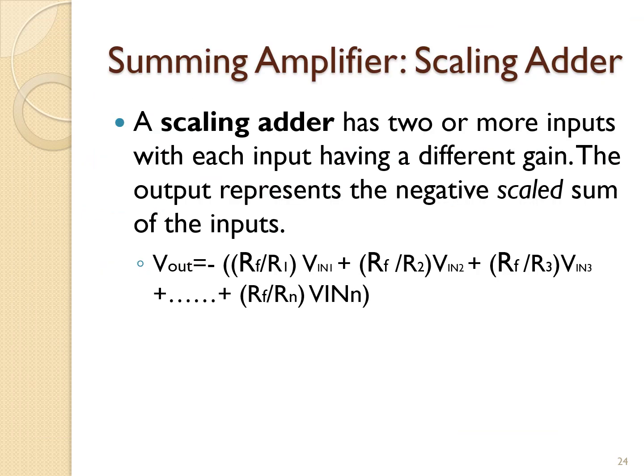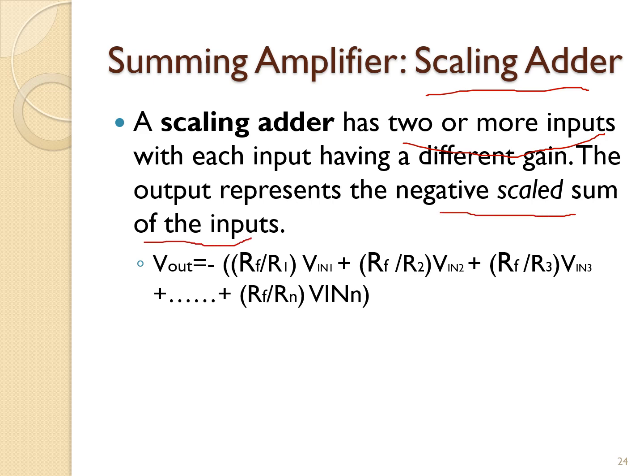Okay, now, summing amplifier scaling adder. A scaling adder has 2 or more inputs with each input having a different gain. The output represents the negative scaled sum of the inputs.